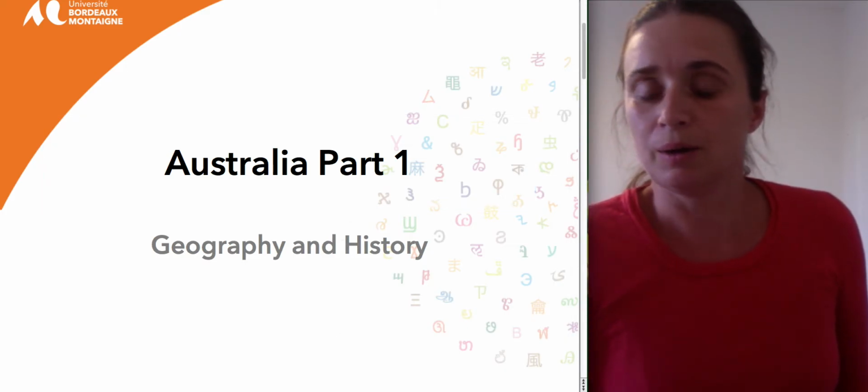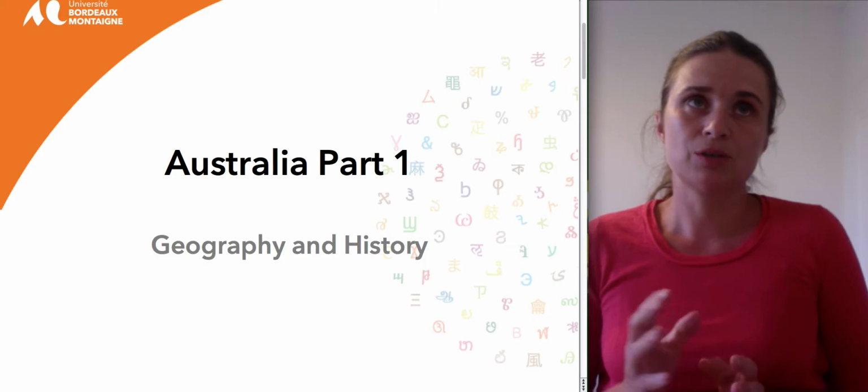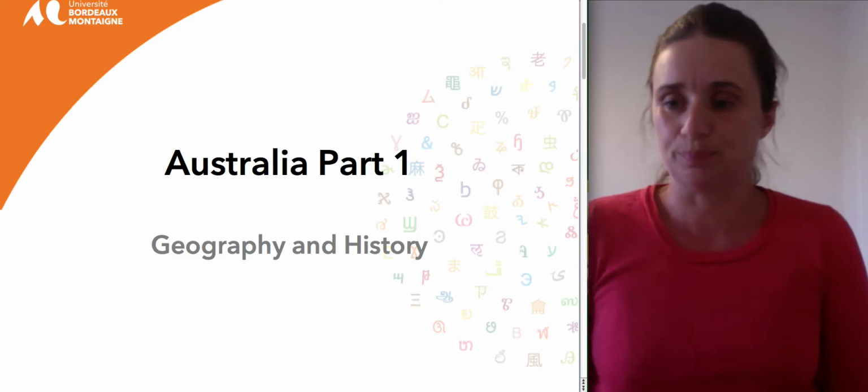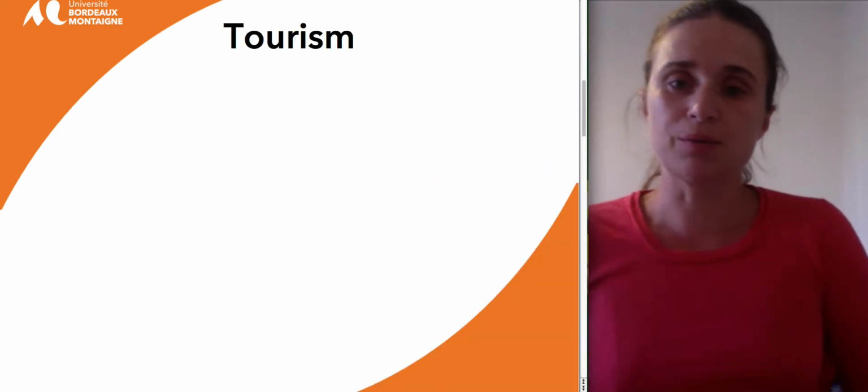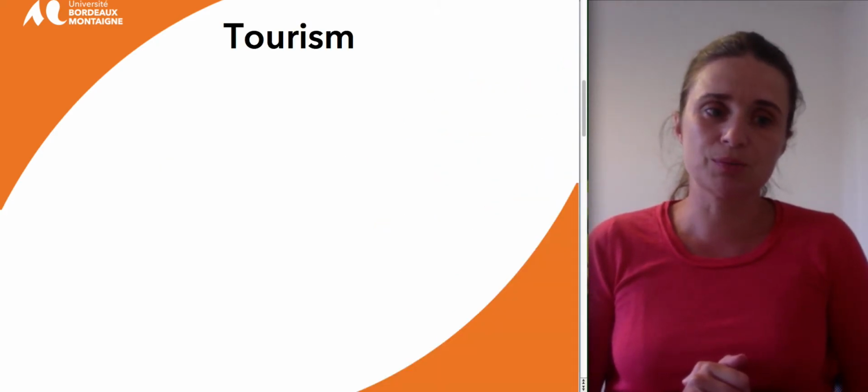Right, so today I'm talking about geography and history, and I'll try to link those 2 fields with current issues, including environmental issues. Right. So first I wanted to say a few words about tourism.